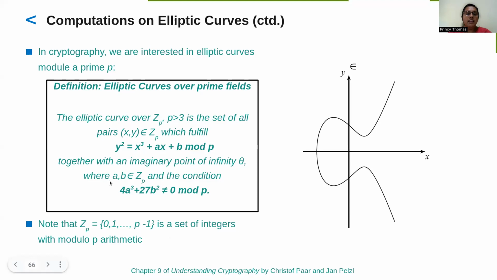Again, a, b is also an element of Z_P, and this condition, 4a cubed plus 27b squared is not equal to 0 mod P, must be satisfied to ensure security.